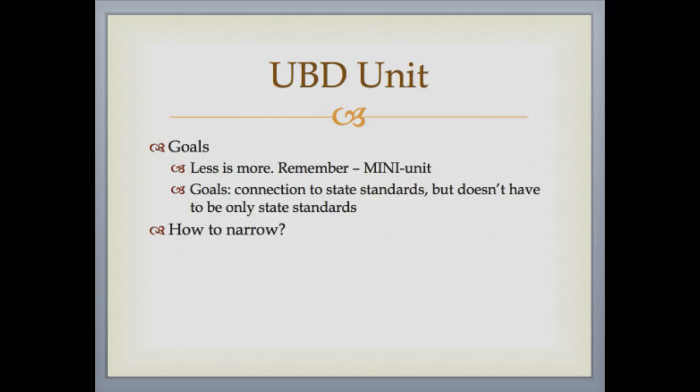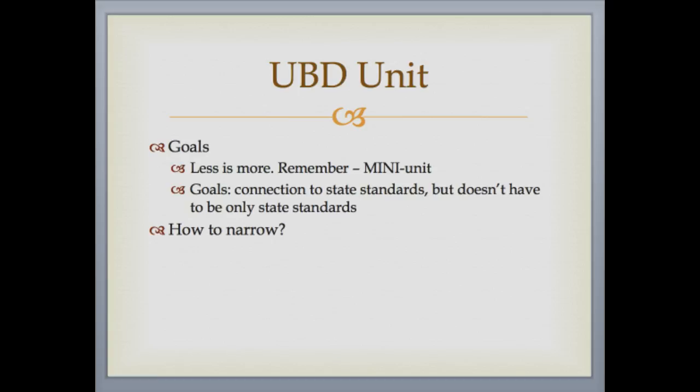As you try and figure out how to narrow it down, use the framework that is in Wiggins and McTighe to think about what's the most important stuff and what maybe can be addressed in other ways or at other times in the curriculum.